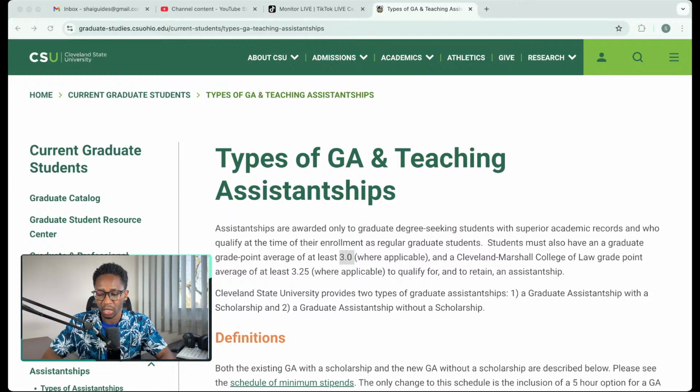Luayo says, I would like to ask if a person needs to apply for admission and graduate assistantship concurrently. What happens is that, in general, when you submit an application, you are considered for both of them at the same time. So you don't have to apply for them separately.